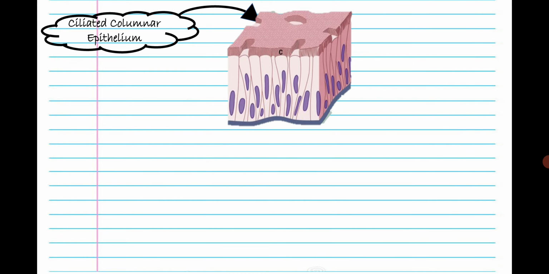The next type of tissue is the ciliated columnar epithelium tissue. These are also columnar epithelium tissue, which means they are also tall, like a column. But what is the difference here? They are ciliated. What is meant by ciliated?